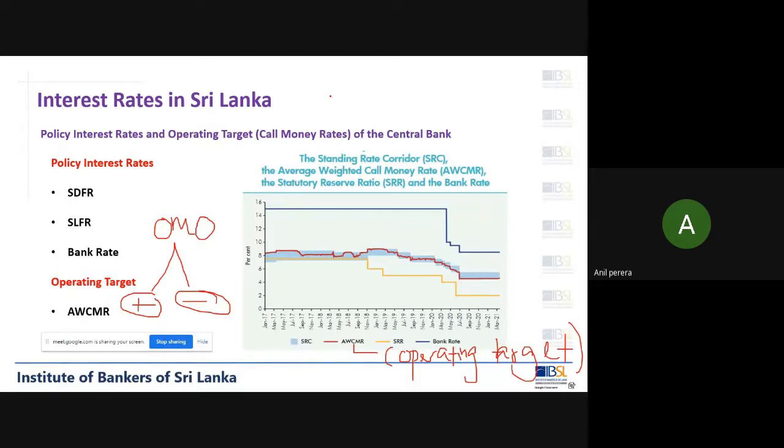Normally, as I said, call rates and policy rates move very closely, not too closely. There could be some periods when you have some divergence, but mostly they are very close if you look at this chart.